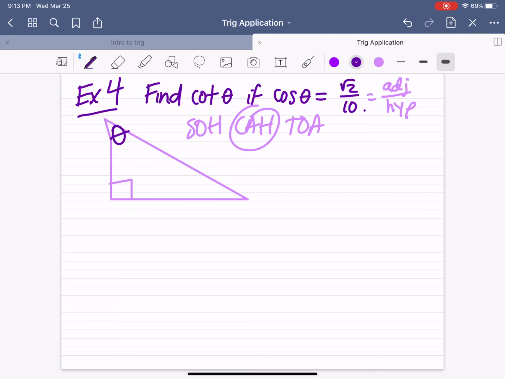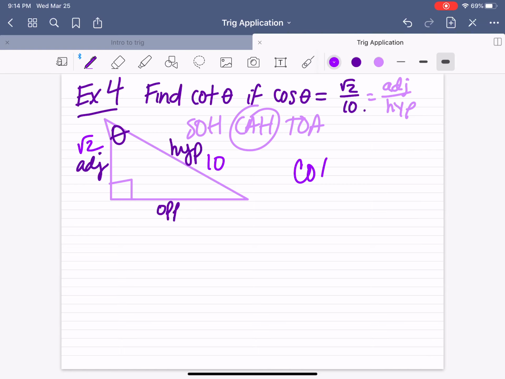Let's put the theta up here this time. If that's the theta, this right here is the opposite. The hypotenuse is always across the 90-degree angle, and the adjacent is the side right next to the angle. And again, we were given the adjacent, which is square root of 2, and the hypotenuse, which is 10.